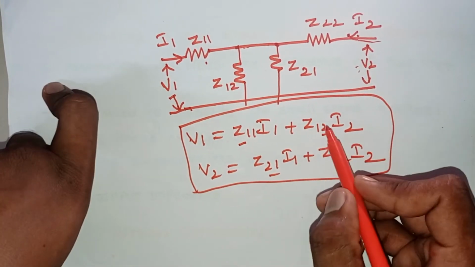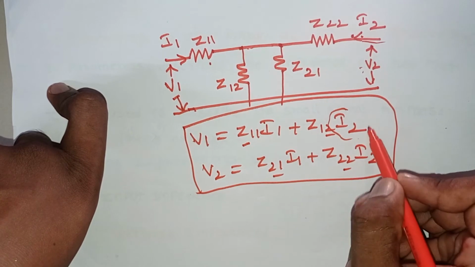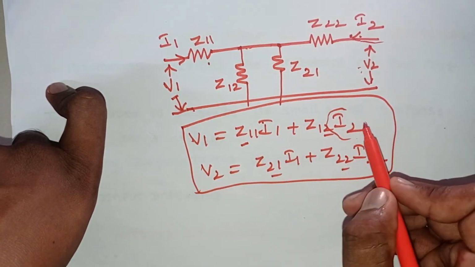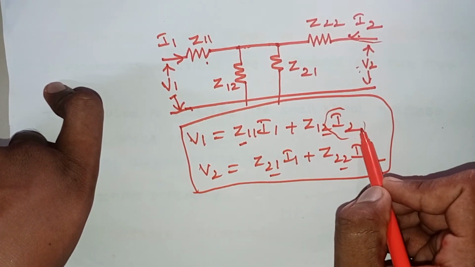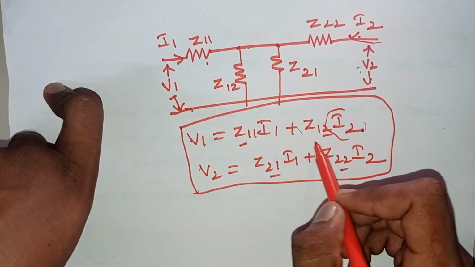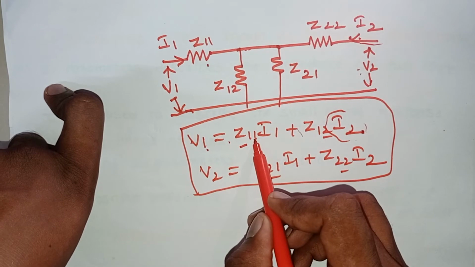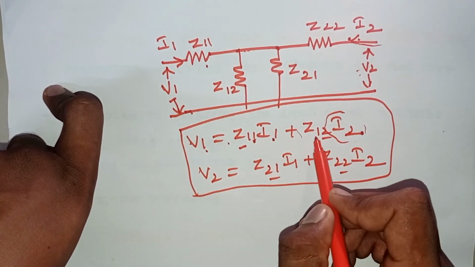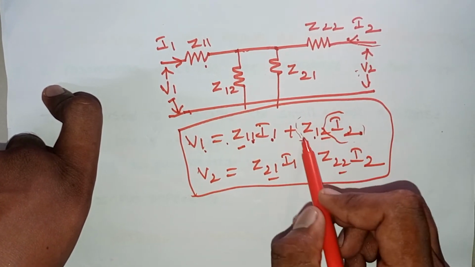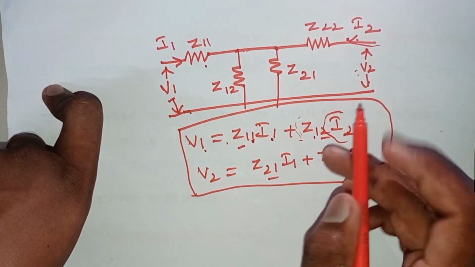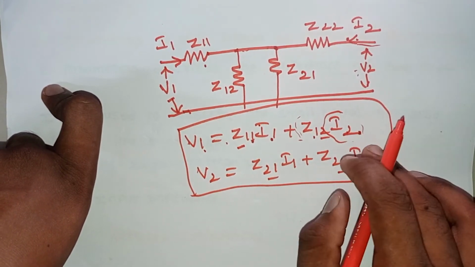Let's assume the I2 current is 0. In this first equation, let's assume I2 is equal to 0. Then the complete term will become 0. Then we have only V1 equals Z11 I1, because this term is 0. This is only an assumption.